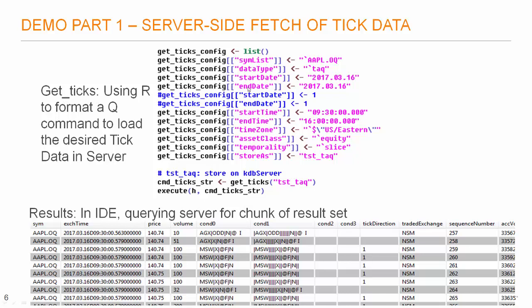In this case, the query is for a day's worth of Apple trades, starting from 9:30 to 4 p.m. And get_ticks is a simple R function that I wrote, which converts this structure into a Q-based command that velocity analytics can understand and execute.